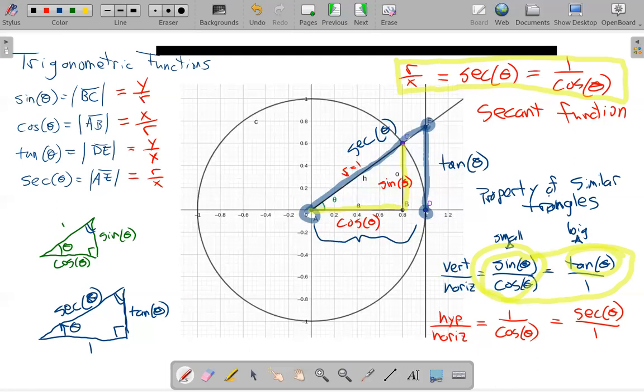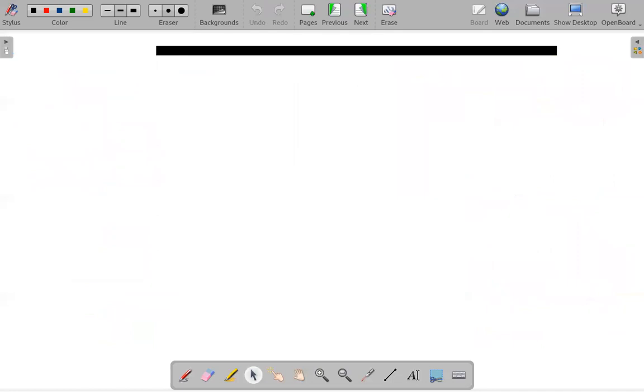Now, this picture I have drawn here actually tells me something even more cool. And actually, let's look at this version of the picture. I'm going to bring this into a new screen. And we talked about this last class. This is what's called the Pythagorean identity in trigonometry.